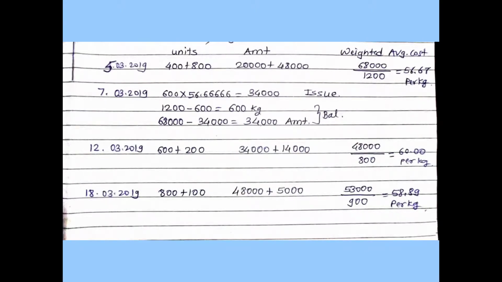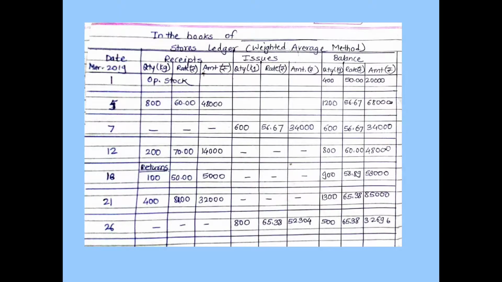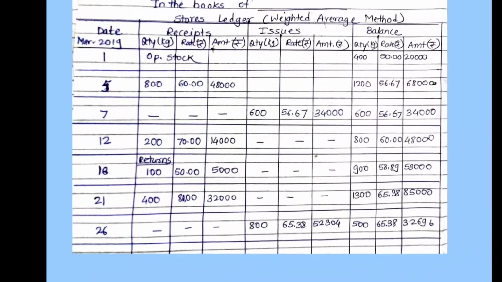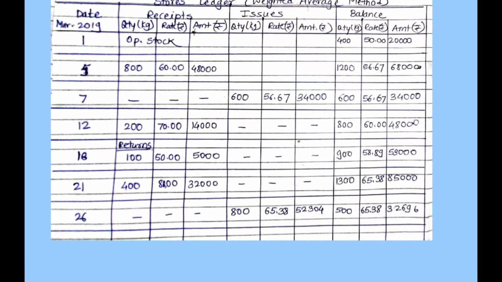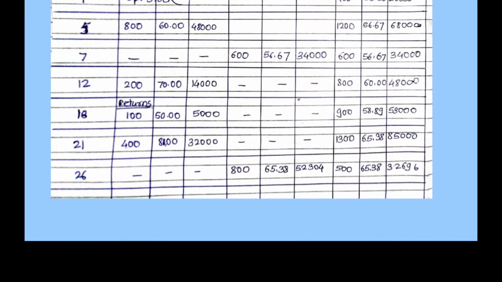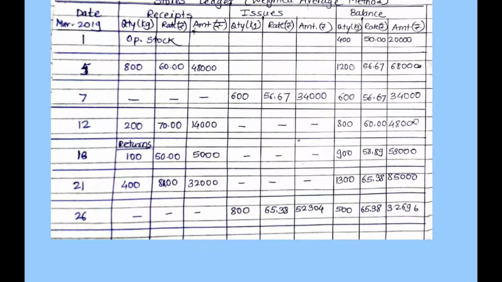Now let us go to the next transaction. The next transaction is on 21st March. Again there is a receipt. So when there is a receipt, your cost per unit is always going to change. So 400 kg material has been purchased at the rate of rupees 80. So 400 into 80 is equal to 32,000.